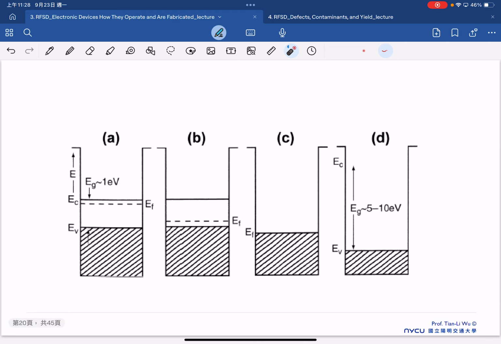Okay, so this is just another short summary. Now I think everyone here can immediately tell what kind of material this is. This is a semiconductor, but the EF is very close to EC, so this is N-type. And if the EF is close to EV, that's a P-type.